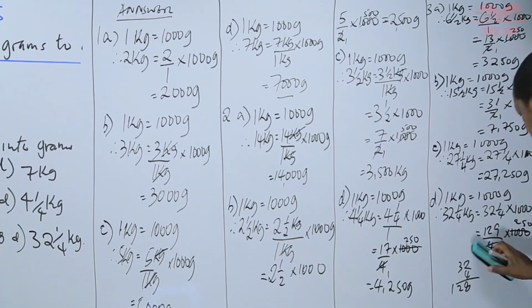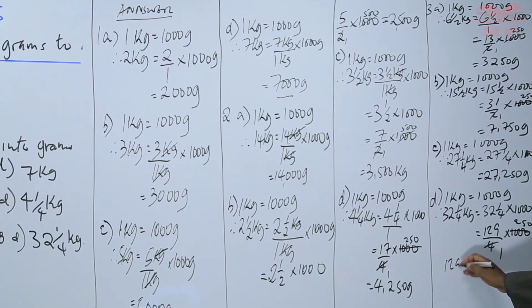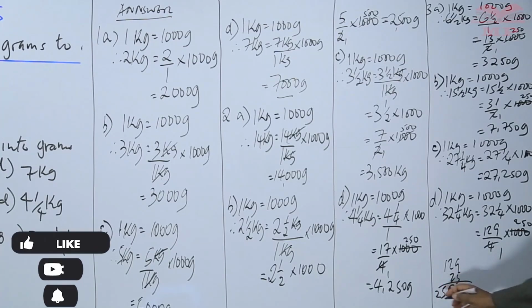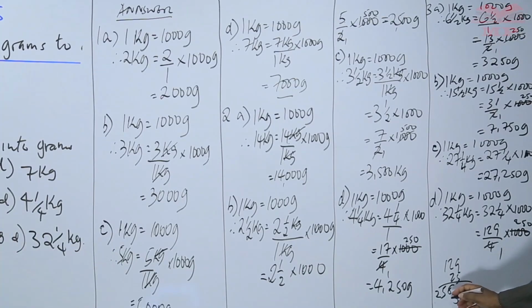So we have 129 times 250. 2 times 9, 8, 2 times 2, 4 plus 1, 5, 2 times 1, 2, then 5 times 9, 45, 5 carry 4, 5 times 2, 10, 14, 4 carry 1, then we have 5 plus 1 equal to 6.